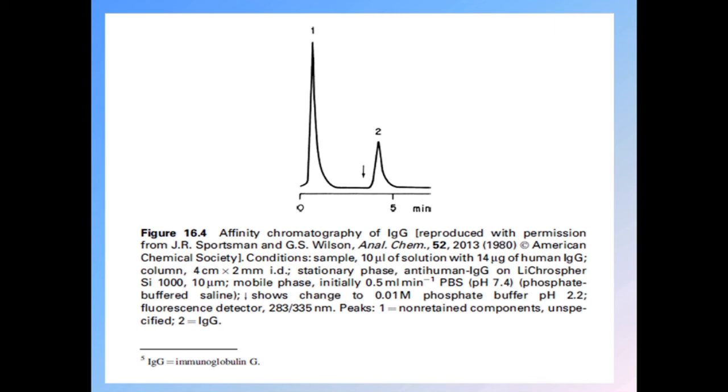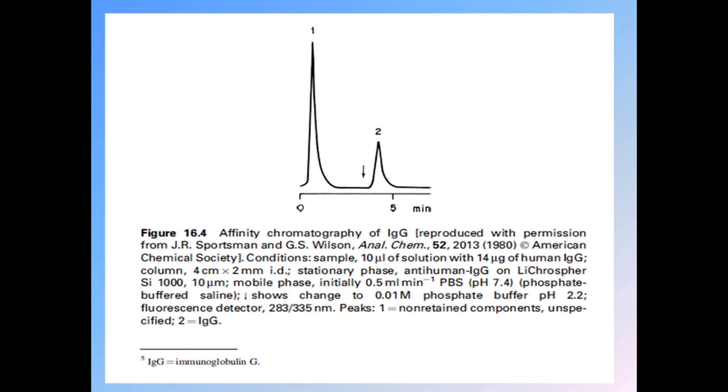phosphate buffered saline. PBS means phosphate buffered saline. Then change to 0.01 molar phosphate buffer, pH 2.2. Fluorescence detector 283 to 335 nanometer.